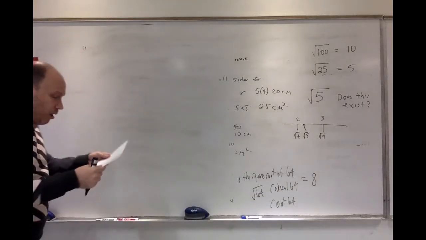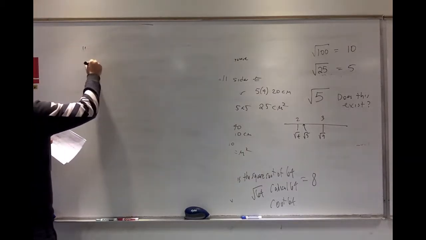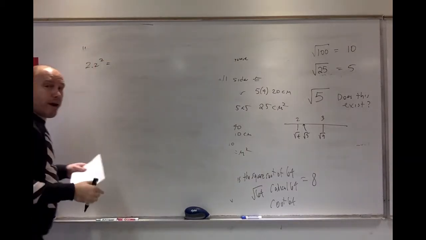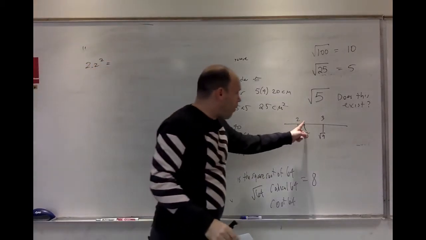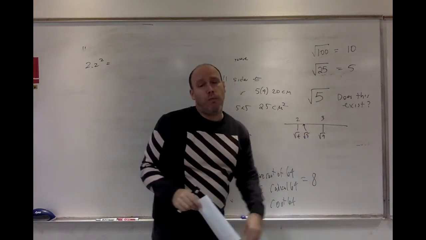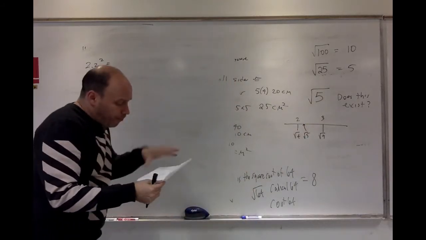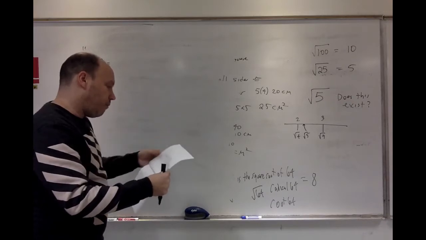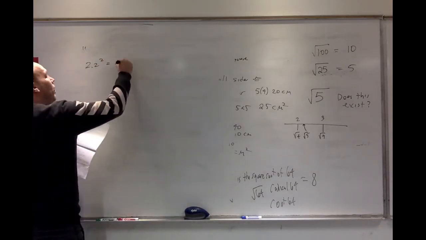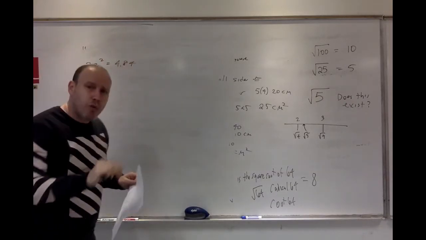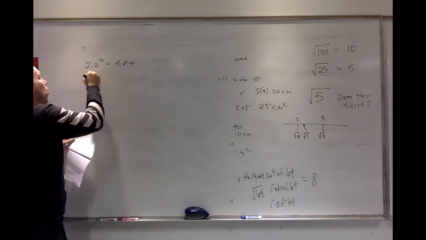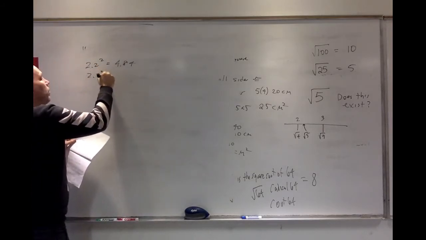So how about 2.2 squared, right? Maybe this representation is 2.2. And you say, okay, well, it's 4.84. Close. How about we try 2.3 squared?